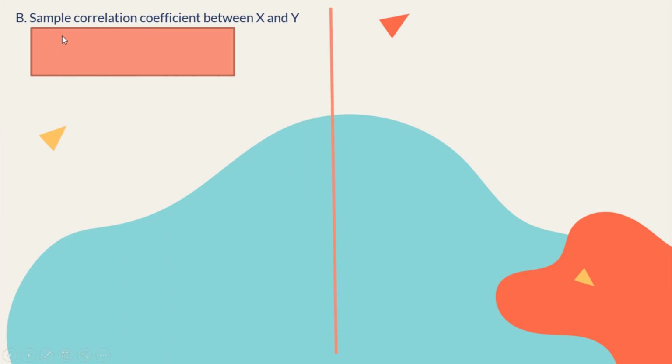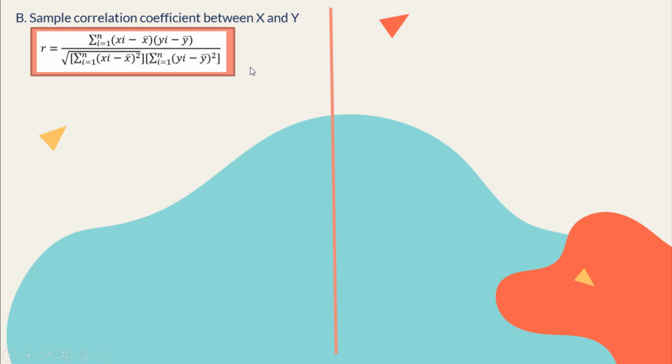Next, point B is the sample correlation coefficient between X and Y. This is the equation for sample correlation. You can see it on the screen.